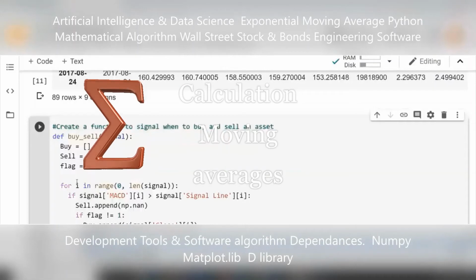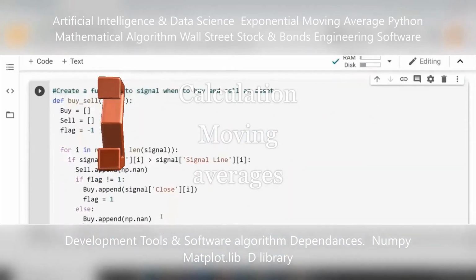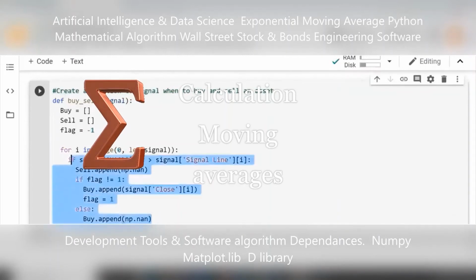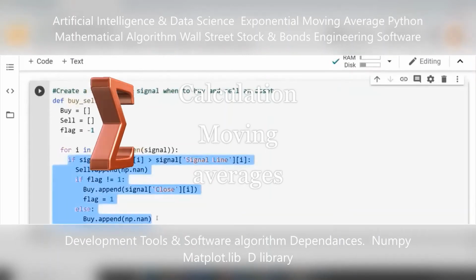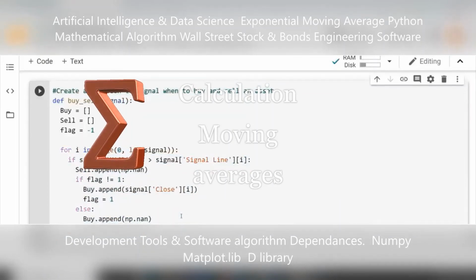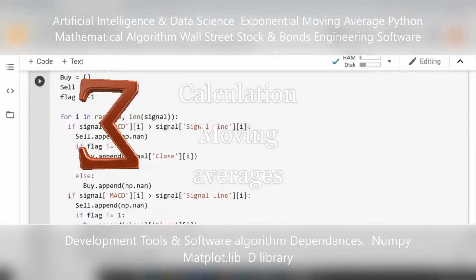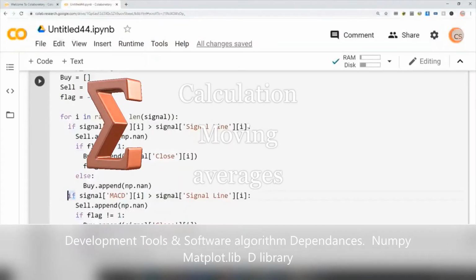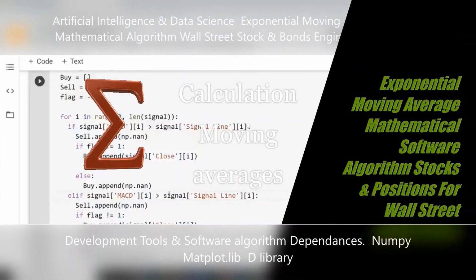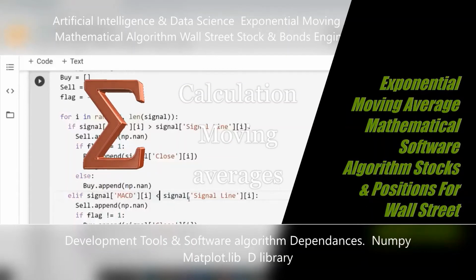Calculation for the SMA is simply the sum of the stock's closing prices during a time period divided by the number of observations for that period. For example, a 20-day SMA is just the sum of the closing prices for the past 20 trading days divided by 20.